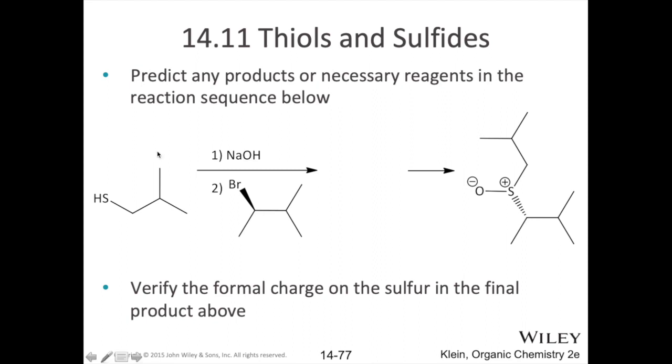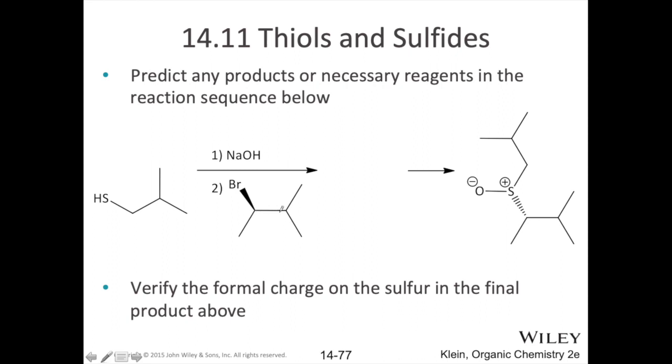Okay, so if you pause this and rejoin us now after trying this out, you can see that we've got a thiol here, and we're reacting with sodium hydroxide, which just deprotonates that and makes the corresponding thiolate, which is, again, a good nucleophile. And this reacts then with this alkyl halide and does an SN2 reaction, an SN2 substitution.